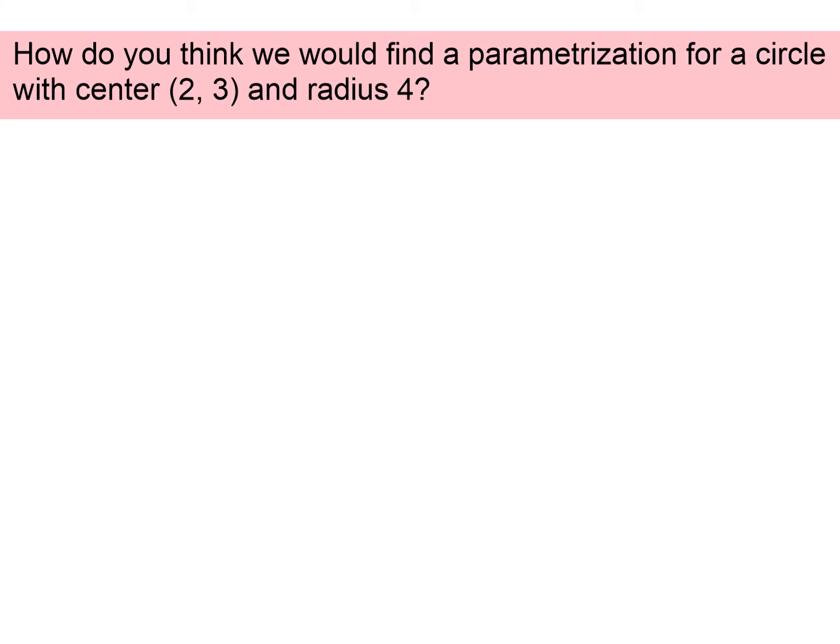Well, if we think back to the last slide, we had a radius of 4. And those parametric equations in the problem were 4 cosine t and 4 sine t. But those were the equations for a circle centered at the origin. Now we want to have a center of 2, 3.